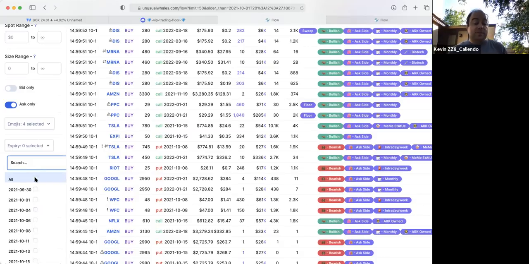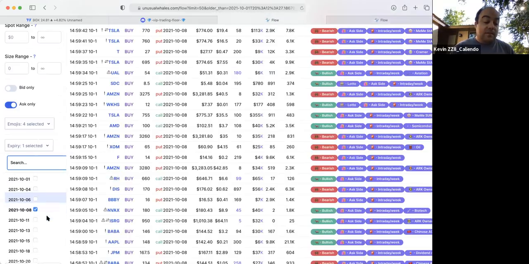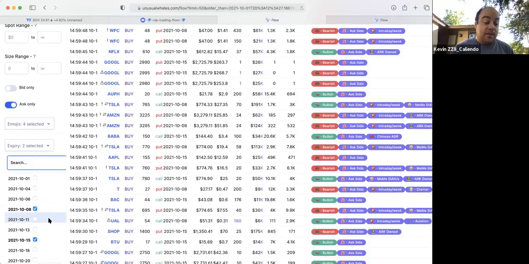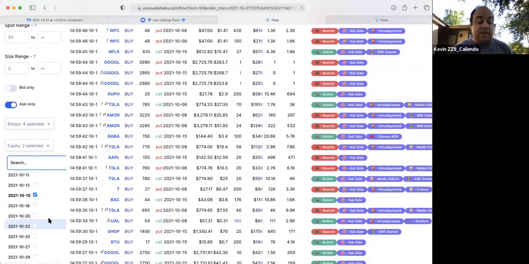So what I do is I target the next 4 or 5 Fridays, and for some of the options that only offer monthly contracts, you want to think about where you are in the month. So you want to catch 10-15, and then you want to catch a month from then, so that you can see what the whales are looking at with that particular stock.